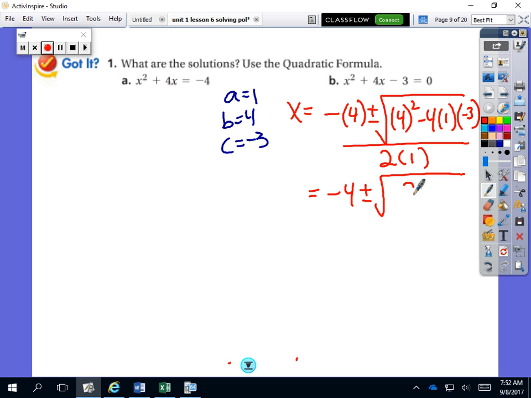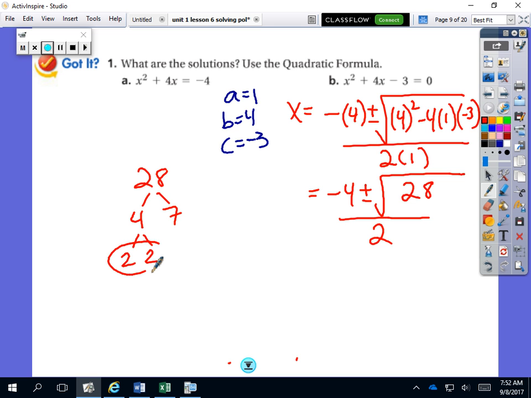So this number is now 28. And then 2 times 1 is 2. The 28, I can simplify that. So 28 is 4 times 7 and 2 times 2. So I have a pair of 2's. So that's going to be 2 on the outside, 7 stays under the radical. So now I have negative 4 plus or minus 2 times the square root of 7 all over 2.